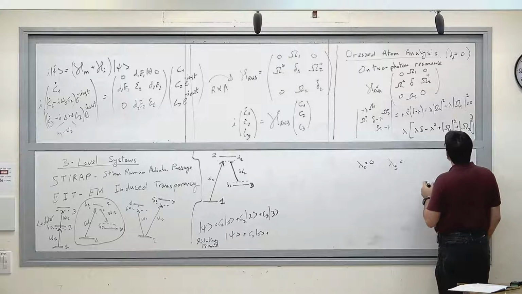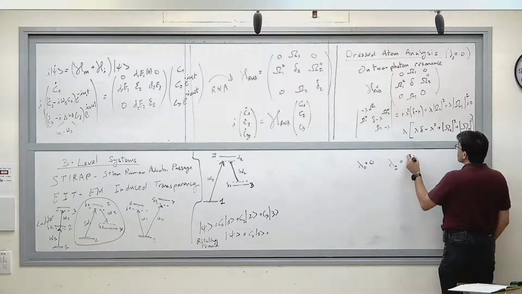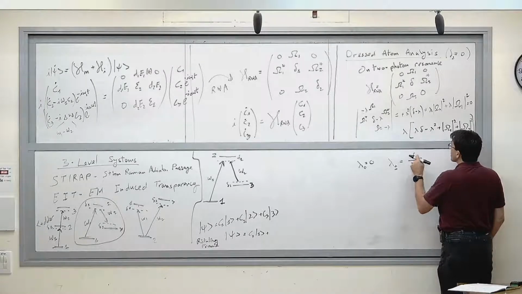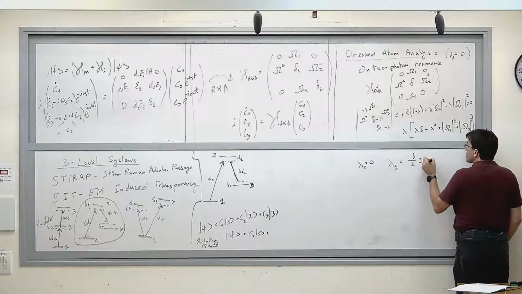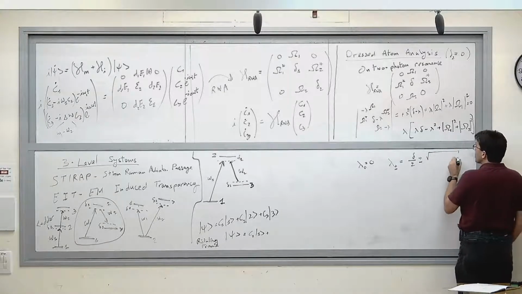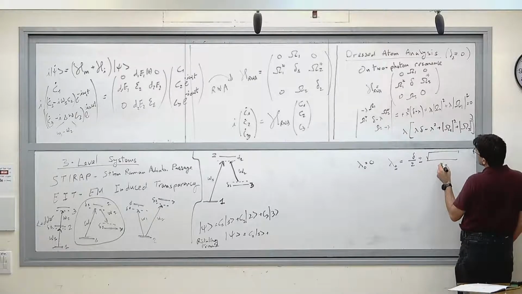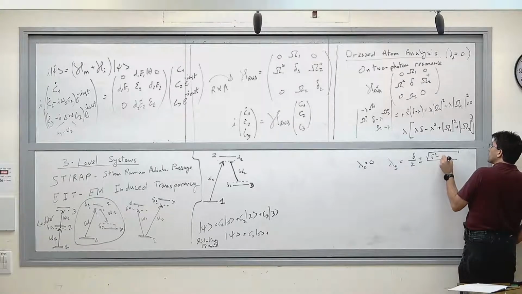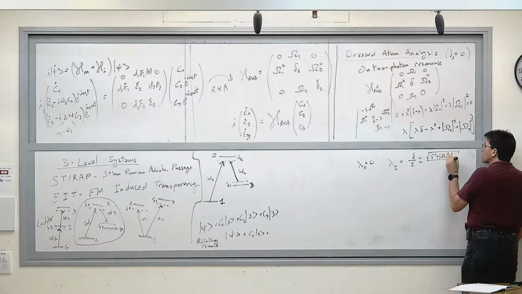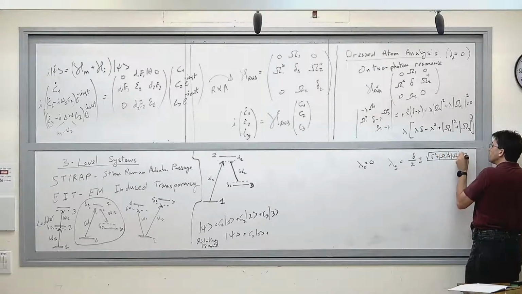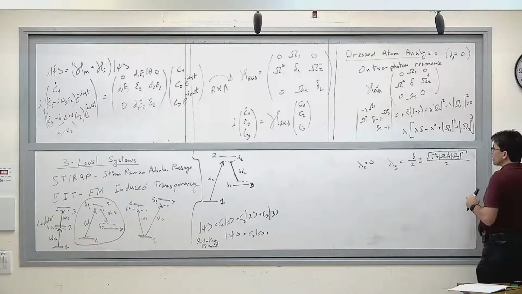And they are what? So let's see. Delta over 2 plus minus square root of delta squared plus omega 1 squared plus omega 2 squared, and all of this divided by 2.